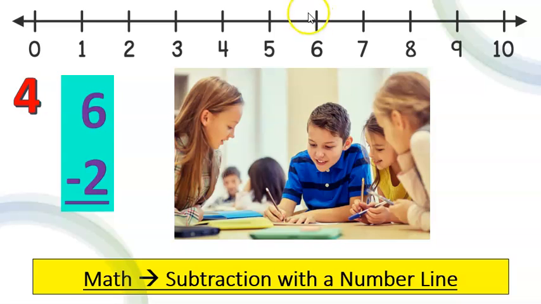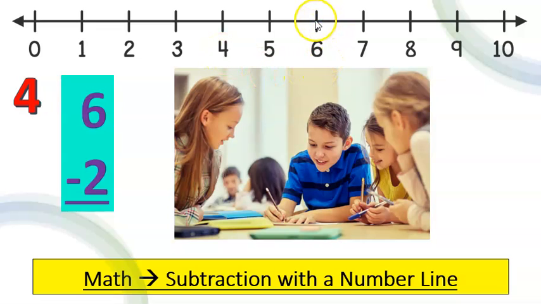But to find out how many numbers you're going to have to jump, you have to look at this second number. Now, this second number says 2, okay? So here's how we're going to do it. You're going to come back to 6. You know that number says 2. So all you're going to do is jump 2 times, okay? And your answer is right here.